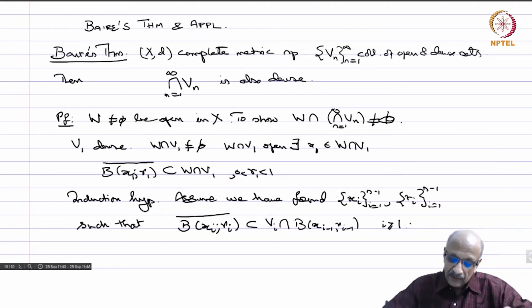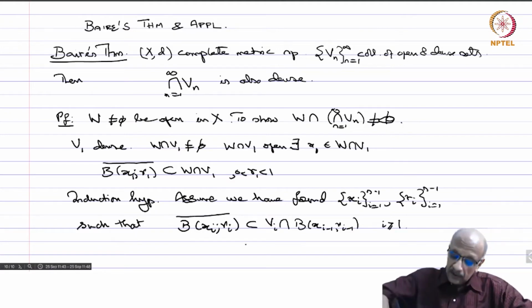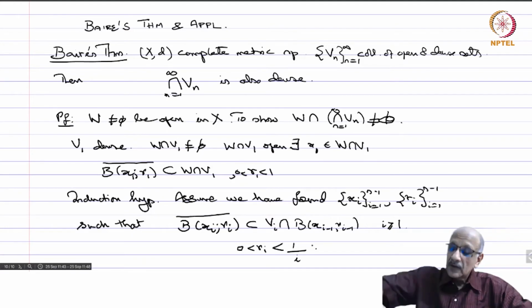Okay, so we have done that for i equals 1, and therefore we are okay. Also the second condition is 0 less than r_i less than 1 by i. So these are the two conditions in the induction hypothesis.